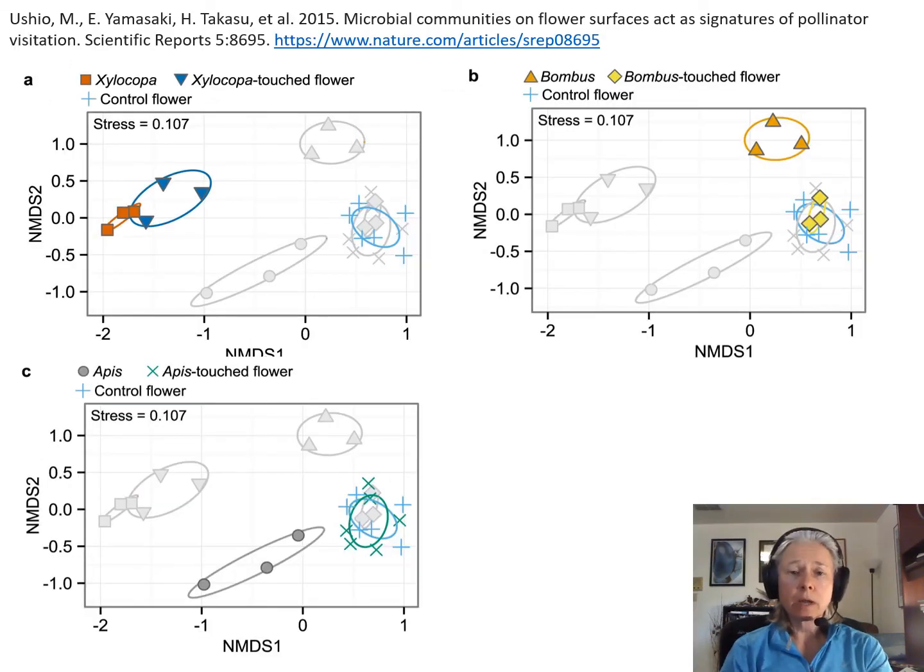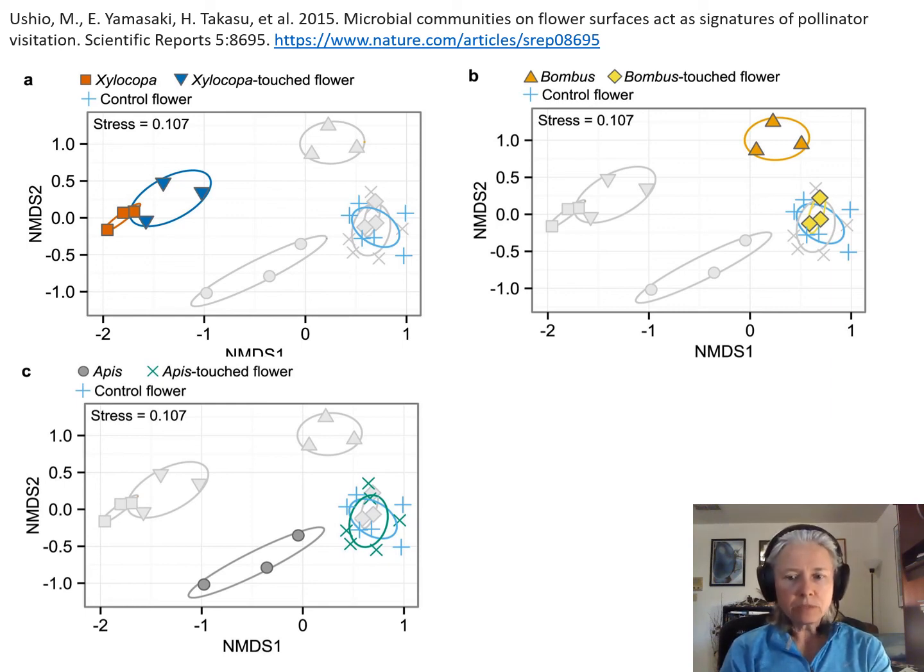The next two slides are from a study by Ushio et al. They collected insects from the field and found that each harbored millions of microbial cells on the body surface. A laboratory experiment showed that the microbial community composition on a flower's surface changed after contact with an insect, suggesting that microbes are transferred from the insect to the flower.